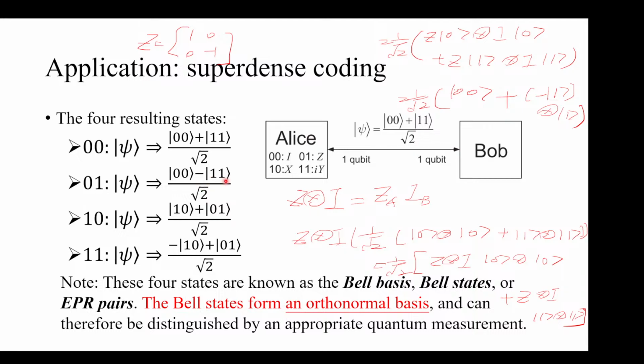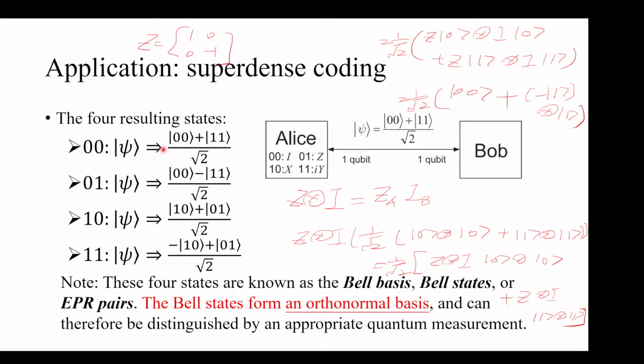Okay, and you can check all of them. There are 4 of them, so there are 6 pairs. You can check all those 6 pairs are orthogonal to each other. And then we're back to what we know from distinguishing quantum states: if you have 4 states that are orthonormal to each other, then they can be perfectly distinguished by a quantum measurement.